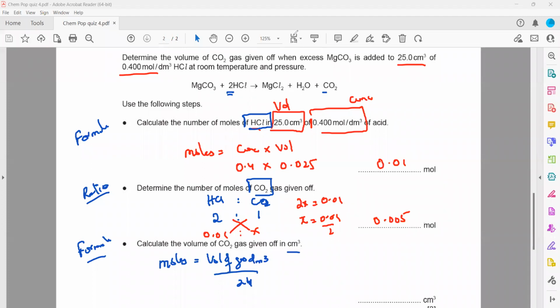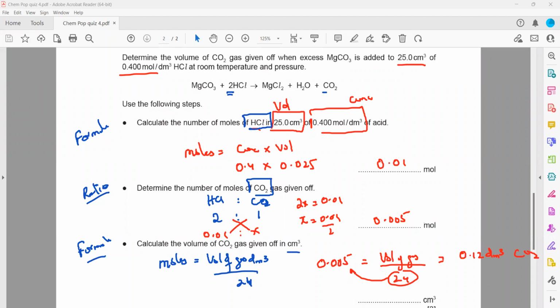We have 0.005 moles. Volume of the gas we don't know, divided by 24. 24 is divided, so on the other side it will be multiplied. So 0.005 multiplied by 24 gives us 0.12 decimeter cube of carbon dioxide.